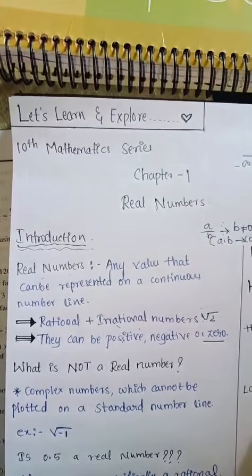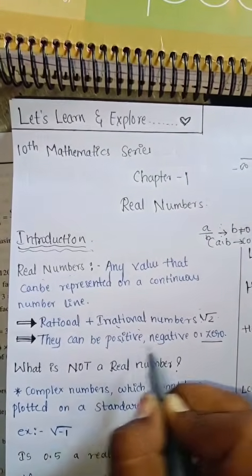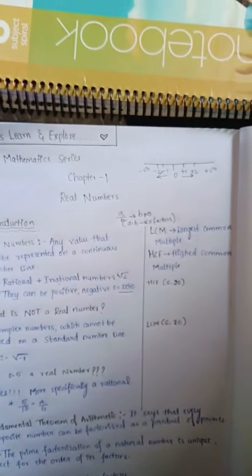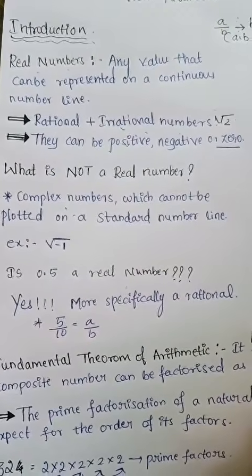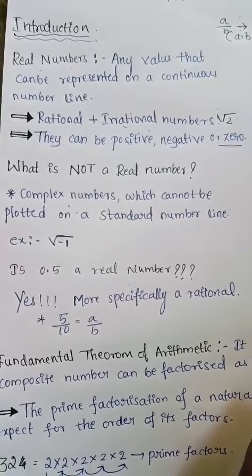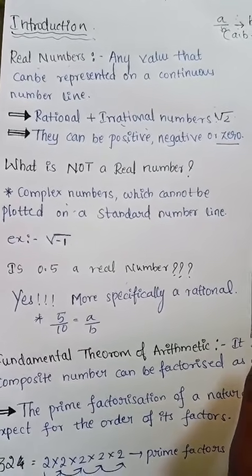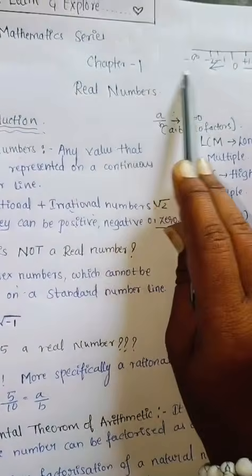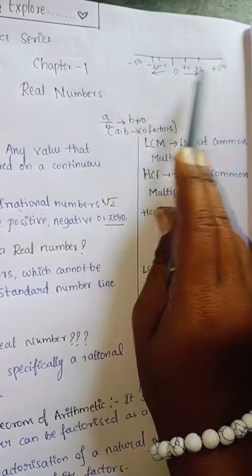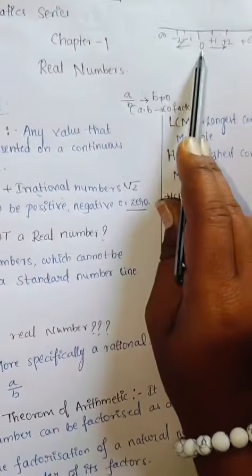Now, let us learn what is not a real number. Complex numbers which cannot be plotted on a standard number line. We have already seen the standard number line of positive, negative, and 0.